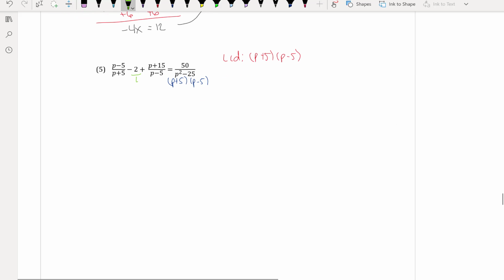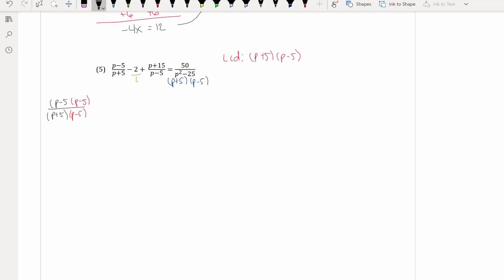So I'm going to go ahead and work this problem out fraction by fraction. So the first fraction, I have a p minus 5 over my p plus 5. So what's missing from this denominator from the LCD is going to be the p minus the 5. So I need to multiply the top by p minus 5.